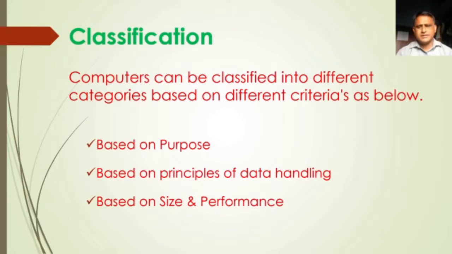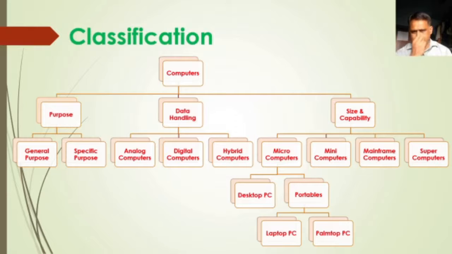The major criteria used here are based on the purpose, based on the principles of data handling, and based on the size and performance of computers. Based on these criteria, the computers can be categorized into different categories. The broad classification is shown here.